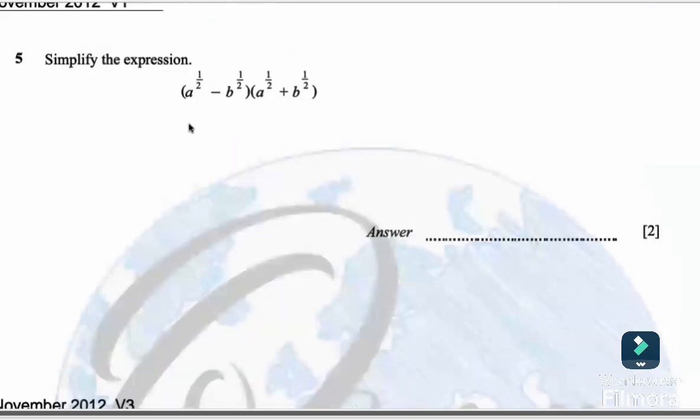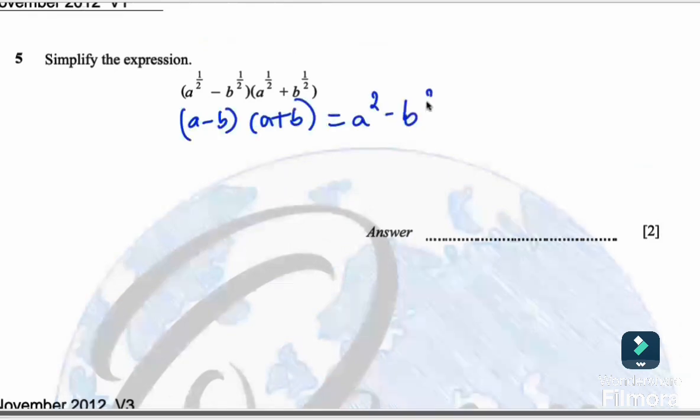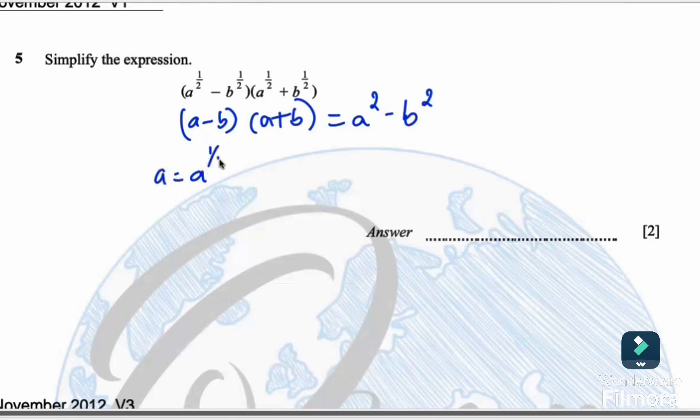Okay. So here it is in the form of a minus b and a plus b, which is going to be a square minus b square, right? So my a is going to be a to the power half and b is going to be b to the power half. So I need to write it in the form of a square. So I'm writing a. A is what here? A power half in my problem.